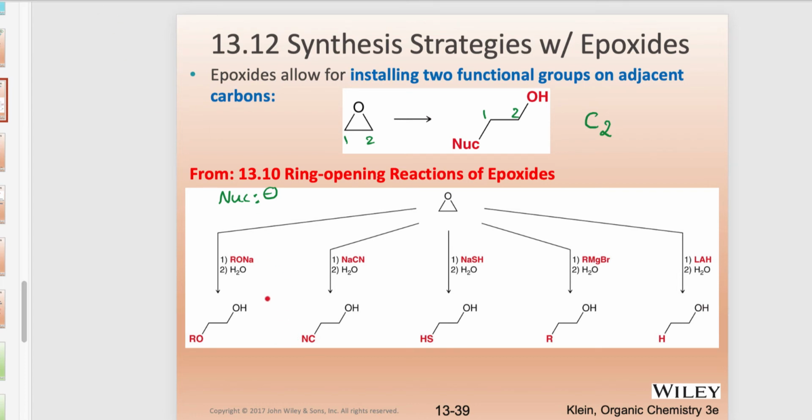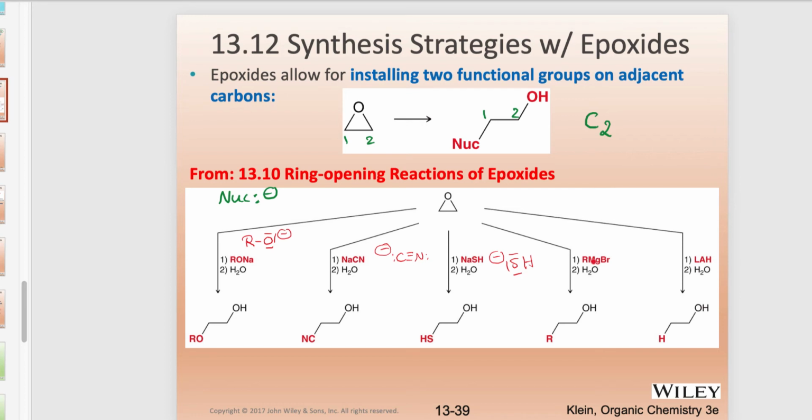Okay, so when we do that, we know that this is basically delivering us RO minus as a strong nucleophile. Here we have CN minus. Here we have SH minus. Here, this is a Grignard reagent. We'll talk more about that.